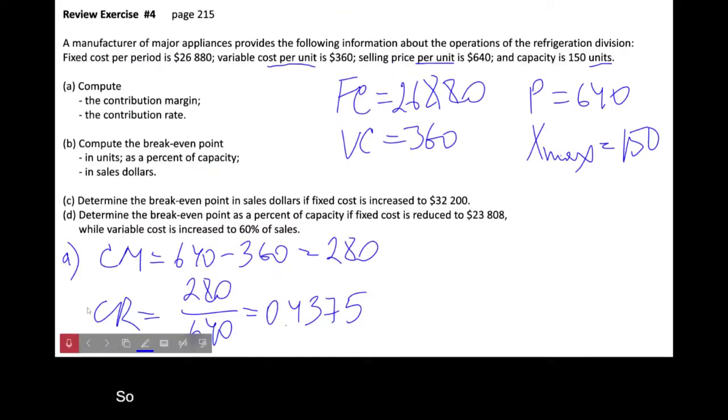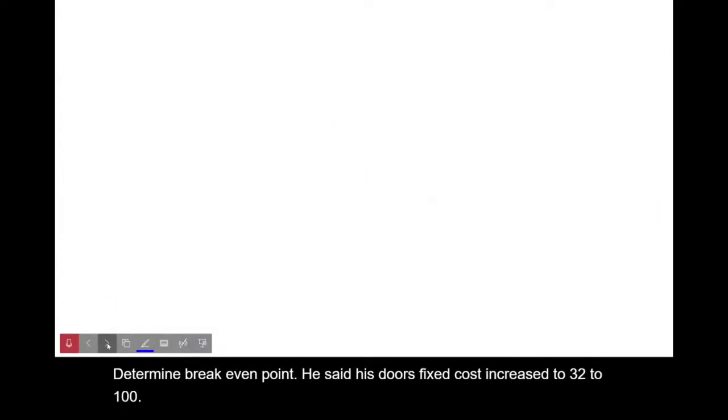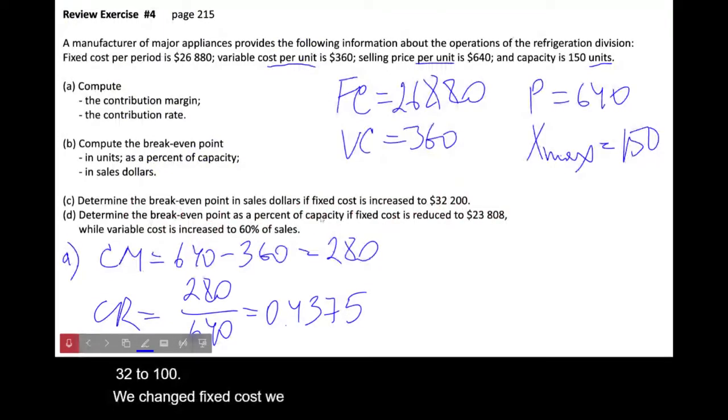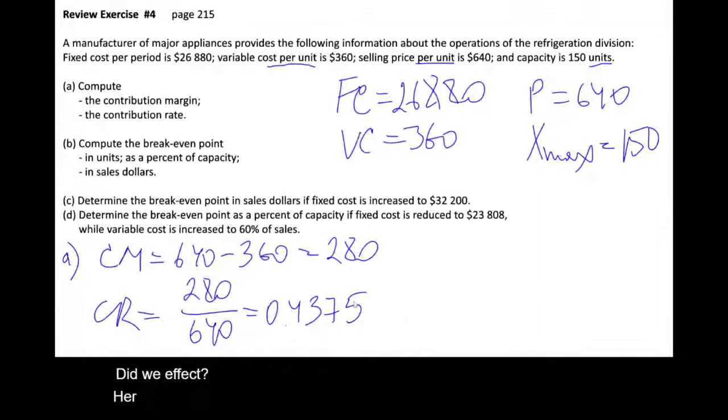Okay, so what next? Determine break-even point in sales dollars if fixed cost increased to 32,200. So C, fixed cost 32,200. So we changed fixed cost. We need break-even point in sales dollars. Did we affect a contribution margin and contribution rate, guys, by changing fixed costs?